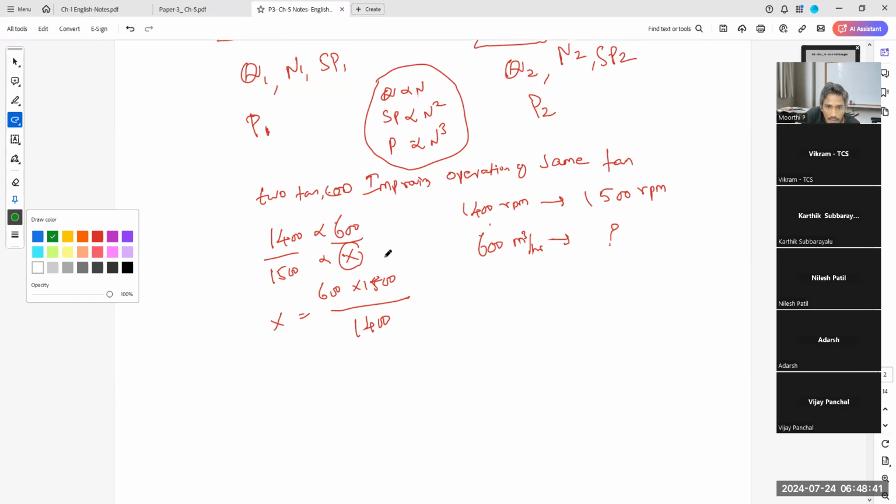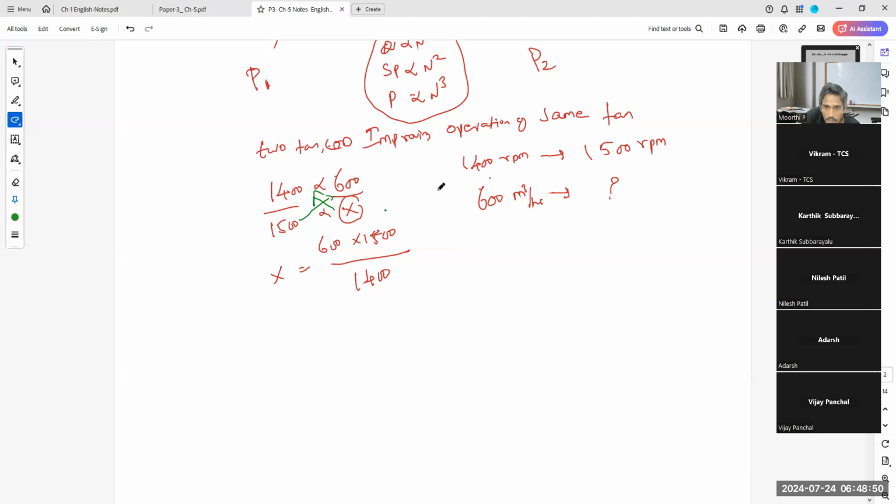Now understand, na? You can write it like this also: N1 divided by N2. Directly proportional means flow Q1 divided by Q2. Can you understand this one?